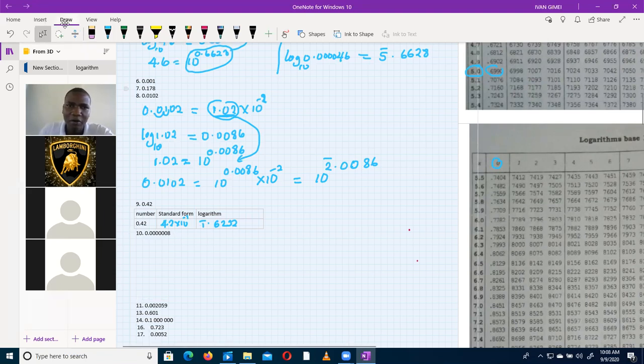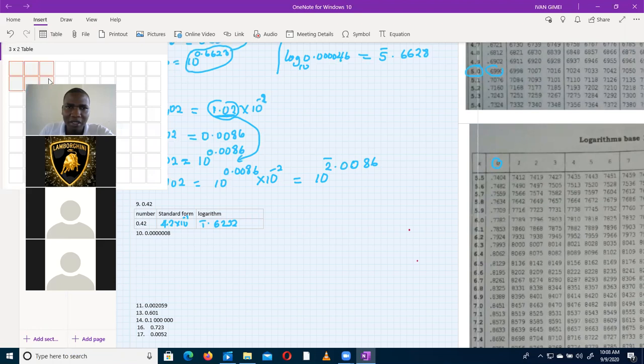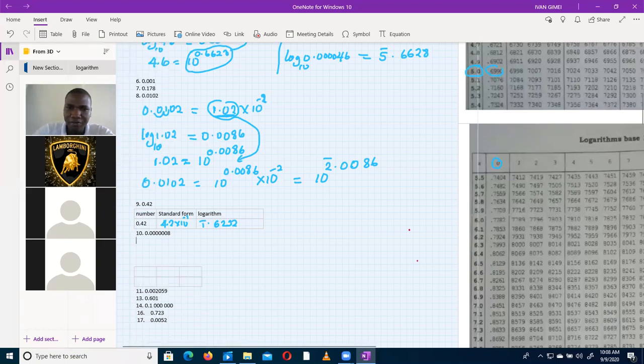So in the table, I again insert my table with 3 columns and 2 rows. This is what I have. I expand this one.